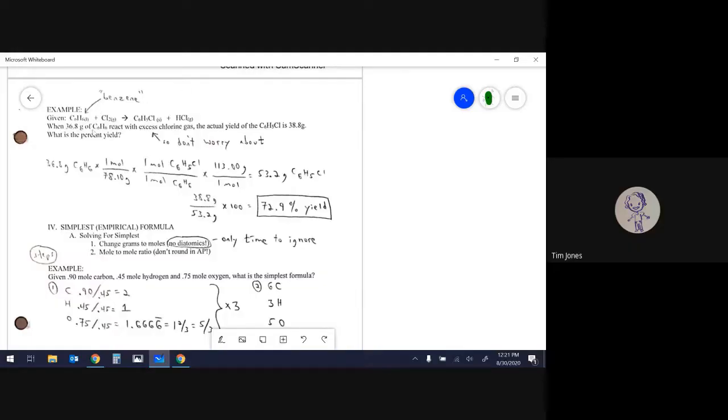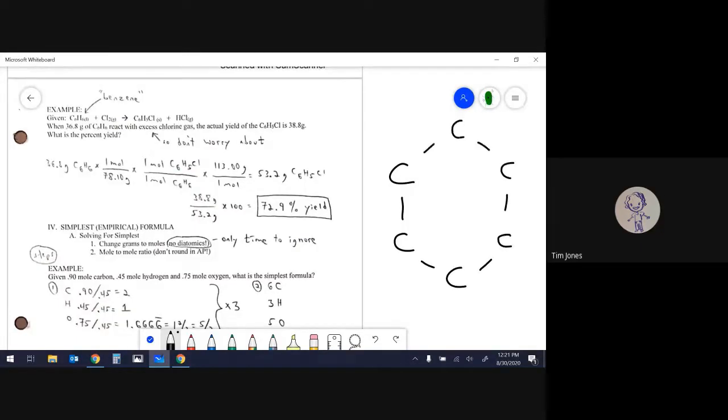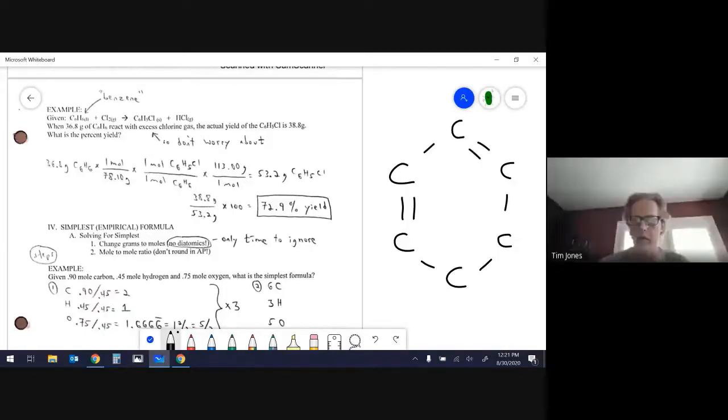But I do want to talk about benzene real quick. It's kind of a special molecule, which looks like this. Three double bonds that are resonating, and you'd have a hydrogen sticking off of each of these carbons.